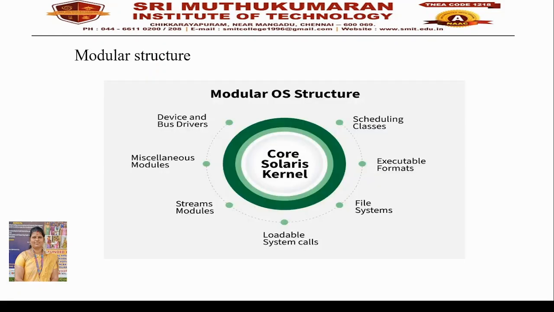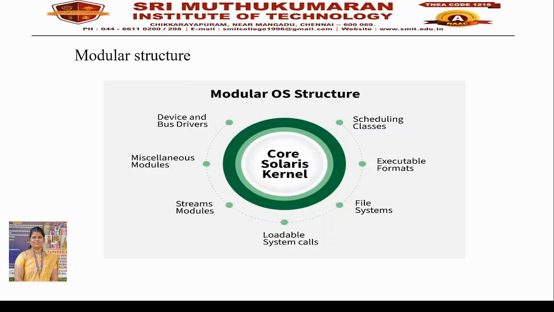So the diagram shows the modular structure. In the center of the diagram is the core Solaris kernel, with four independent modules around it. Each module provides specific services.